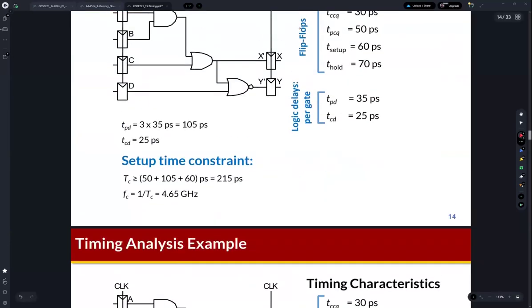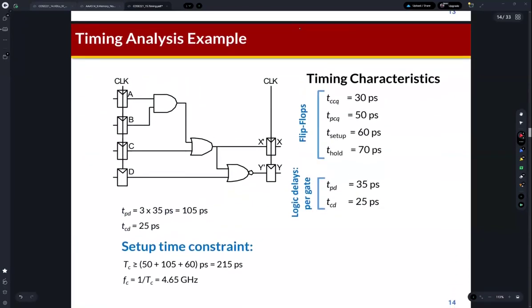Firstly, we need to analyze the setup time constraint. In order to analyze the setup time constraint, we need to consider the maximum delay, right? You need to understand that for analyzing the setup time constraint, we need to consider the maximum delay of this circuit.